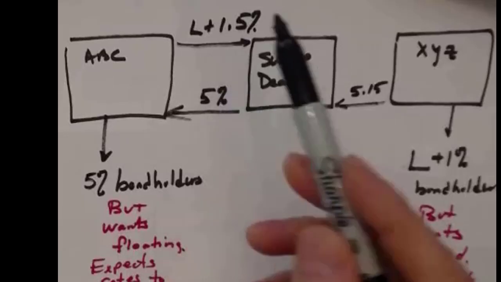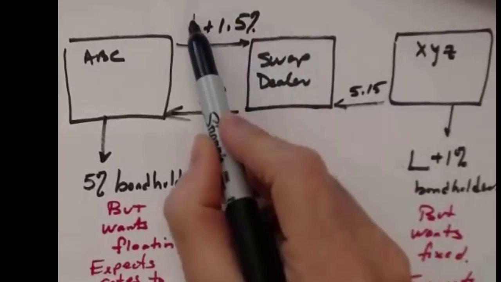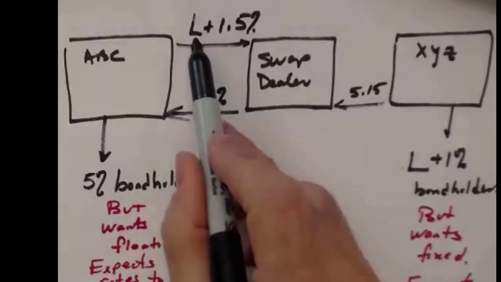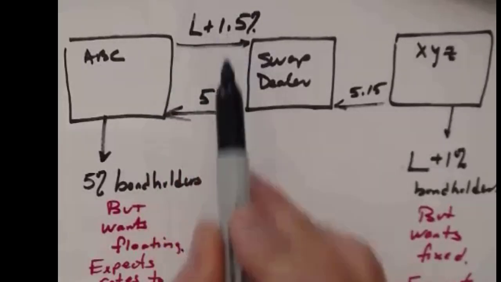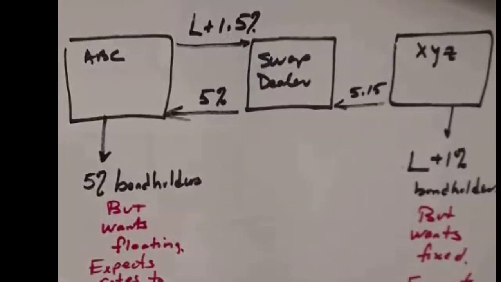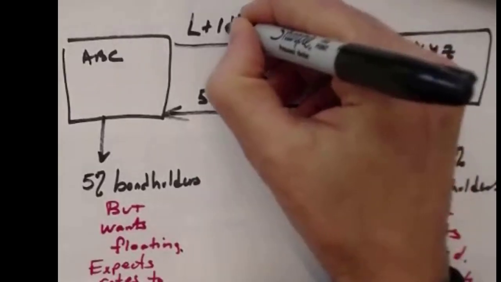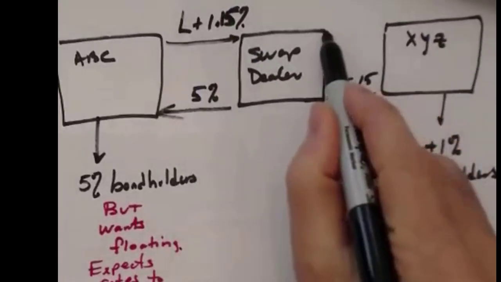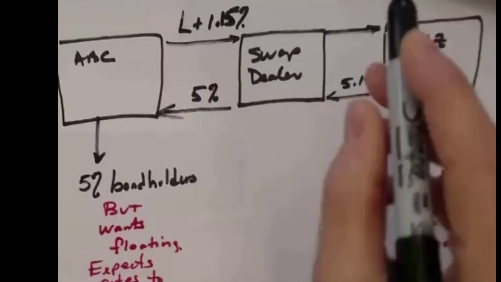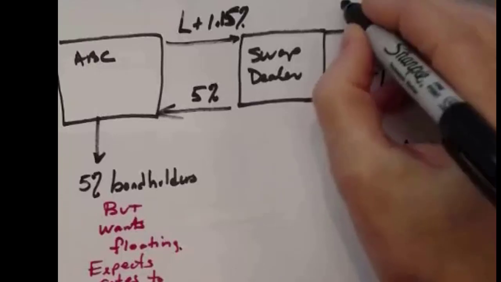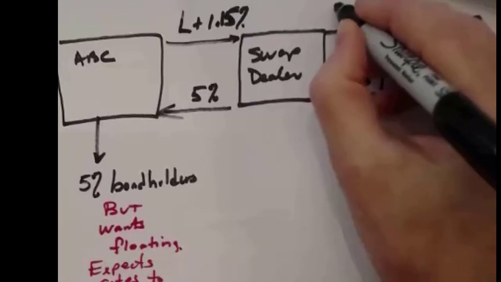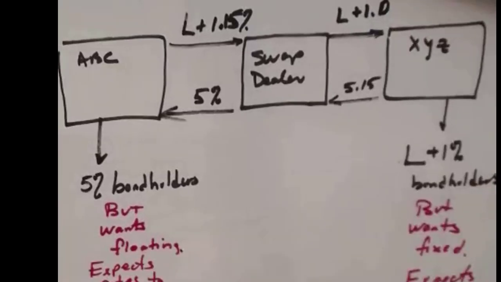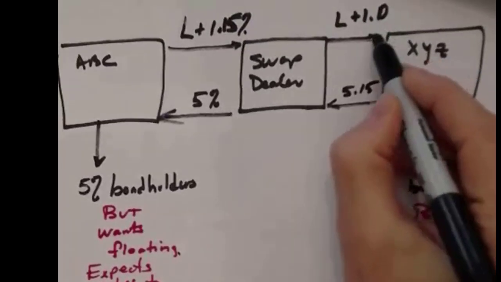So in this case, it's just accepted as is. ABC agrees to pay Libor plus 1.15%. Okay, and then what happens is that money gets passed through the swap dealer or the broker, and Libor plus 1% ends up going to XYZ.